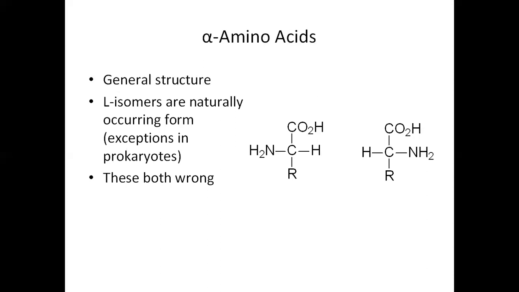The 2 forms, one with the amino group extending towards the left, is referred to as the L amino acid, and the other with the amino group extending towards the right is the D amino acid.